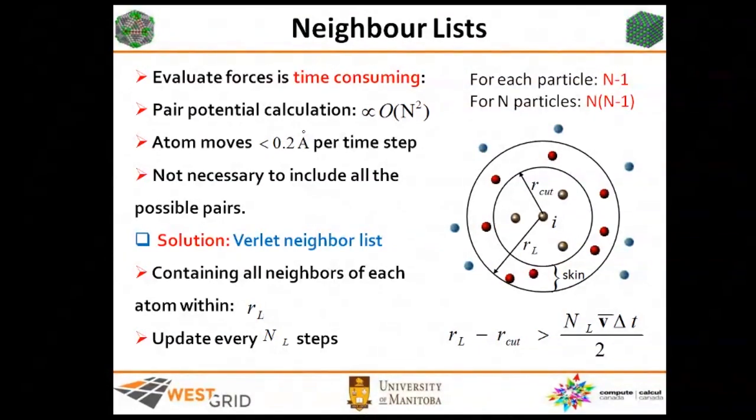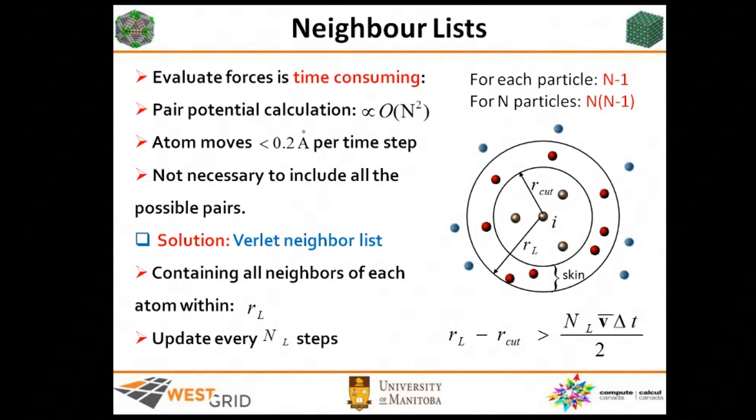To run simulations, there are different ensembles, and each ensemble is used for a specific simulation. If you run, for example, a simulation in the isothermal-isobaric ensemble, NPT, at constant pressure, what happens here is that the shape of the simulation box changes with time in order to reduce the pressure.